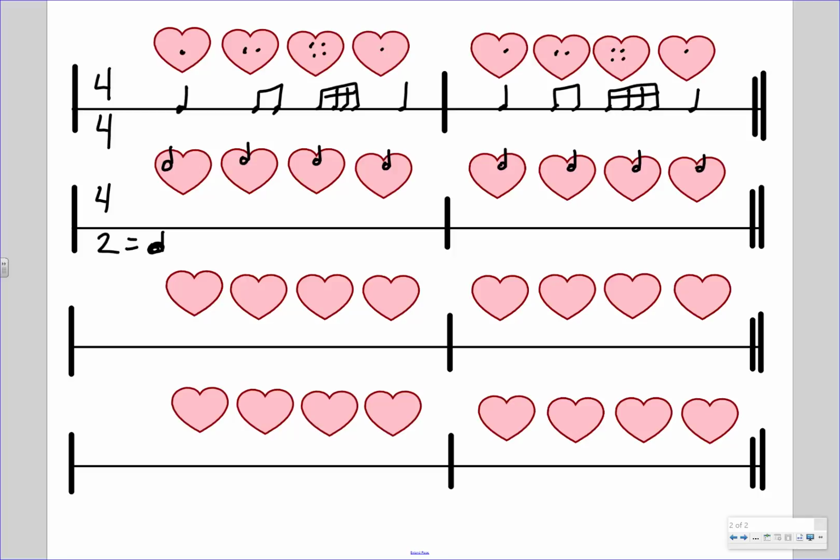So I can take that same pattern that I did in 4/4, let's listen to it. Ready and go. I can transcribe that for the time signature of 4/2. So I know my half note gets the beat. So listen to it again and do your heartbeat system.